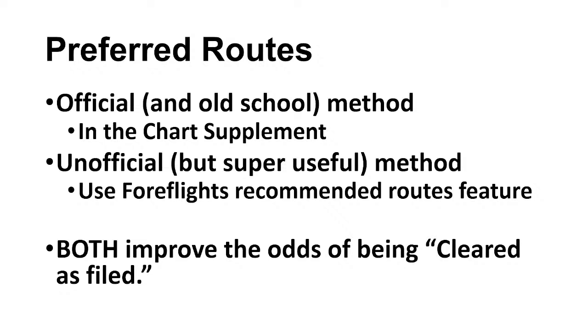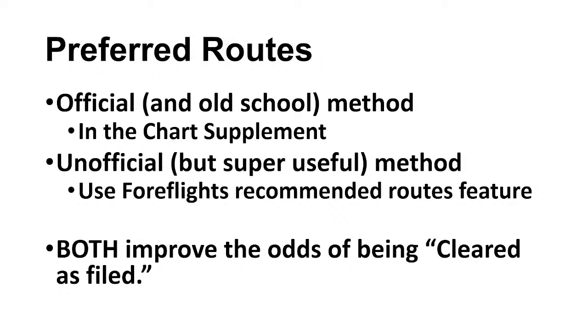If you follow that, you're probably going to get it. Smaller airports aren't always on those preferred routes, so what you've got to do is find two bigger airports, connect the dots, and then request that preferred route with the modification of the little airport you're leaving from and the little airport you're going to.